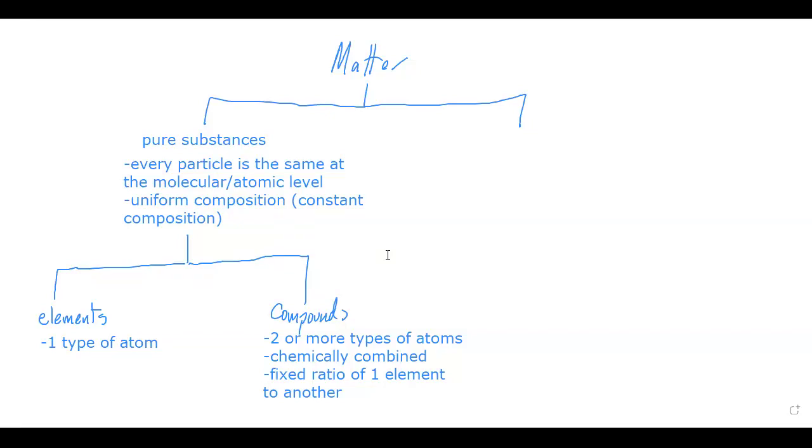So that's the pure substances side of the spectrum here. And again, pure substances, we're looking at that constant composition kind of idea. On the other side, we have what are called mixtures. Key characteristics of mixtures.